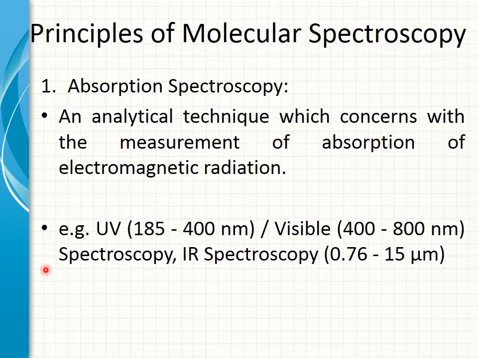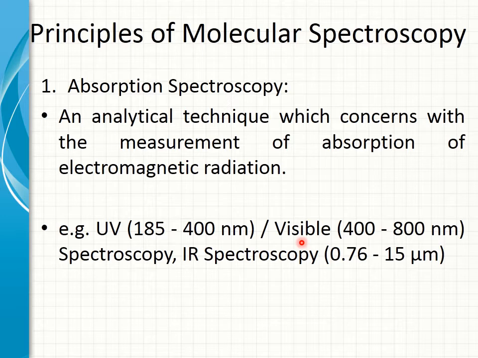For example, UV absorption spectroscopy measures the absorption spectrum of a substance within the UV range. Visible spectroscopy measures the absorption of a substance within the visible range of wavelengths of light.